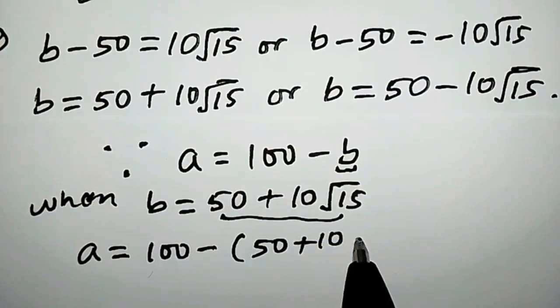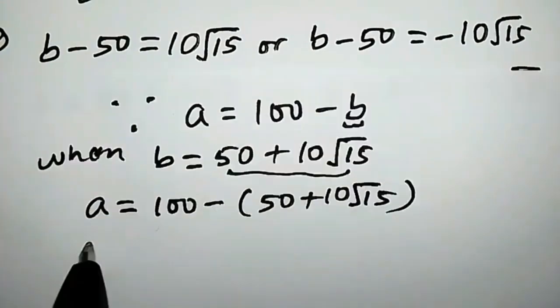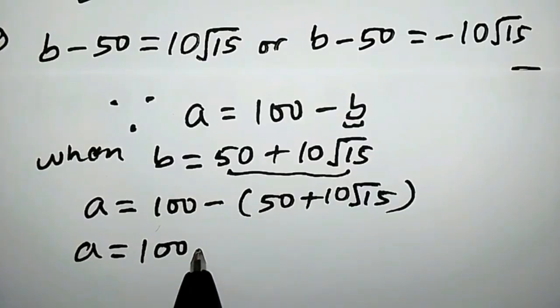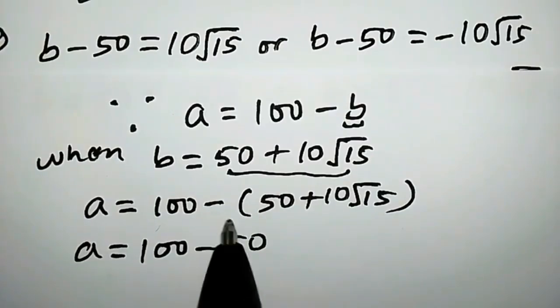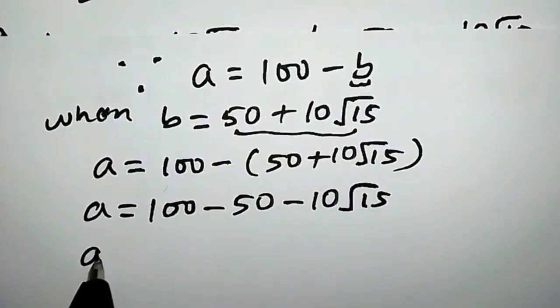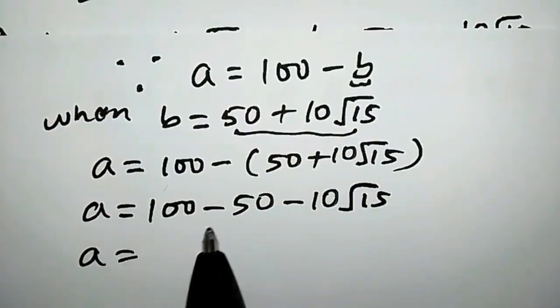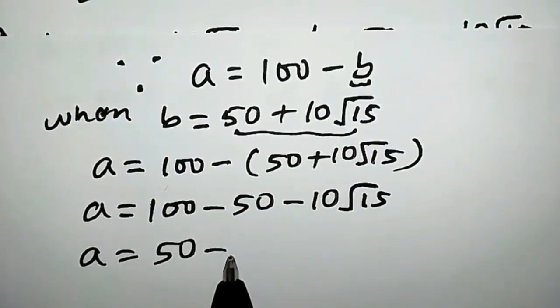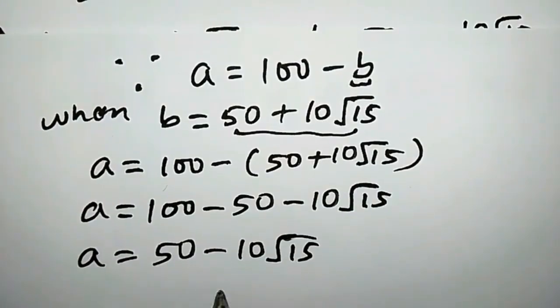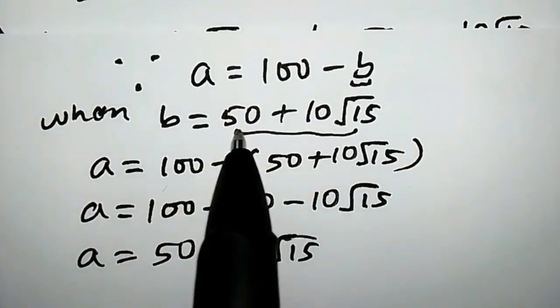50 plus 10 root 15. a equal to 100 minus times 50, that is minus 50, minus times plus, that is minus 10 root 15. a equal to 100 minus 50, that is 50, minus 10 root 15. This is the value of a, and this is the value of b.